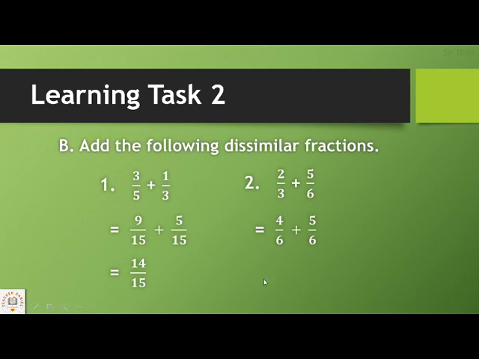So just copy the similar denominator or the common denominator, which is 6, then add the numerators. 4 plus 5, that is 9. So the answer is 9 over 6, or 3 halves, or 3 over 2.